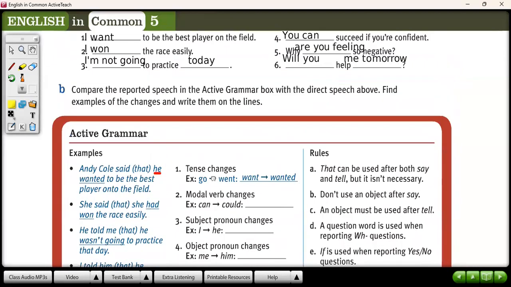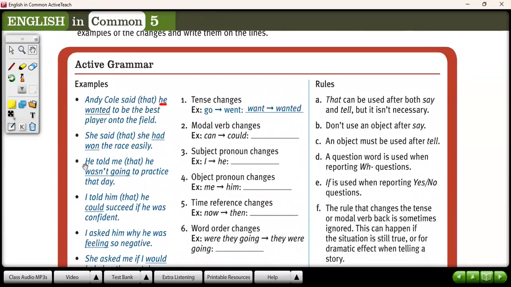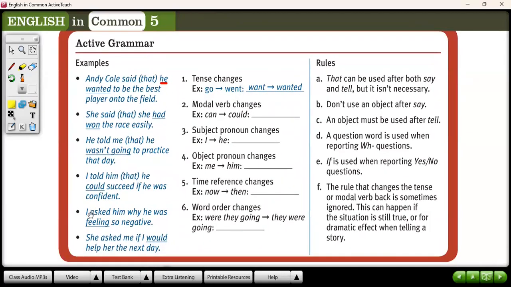Let's see more examples. Now a question. Why are you feeling so negative? When reporting questions, I can use I asked. So I asked someone, in this case him, why he was feeling so negative. So when reporting questions, I need to use I asked or the pronoun plus the verb asked in the past, of course.